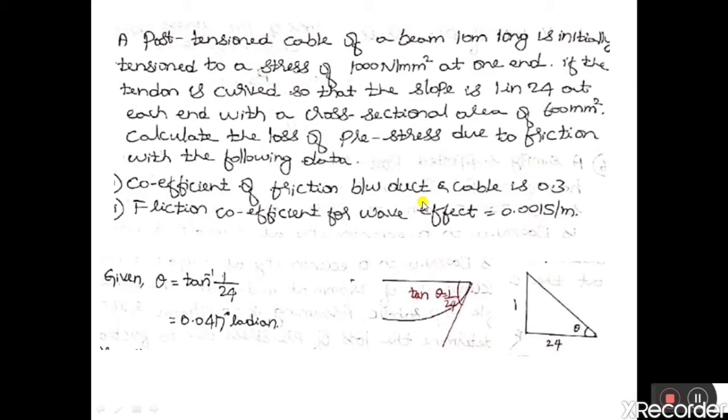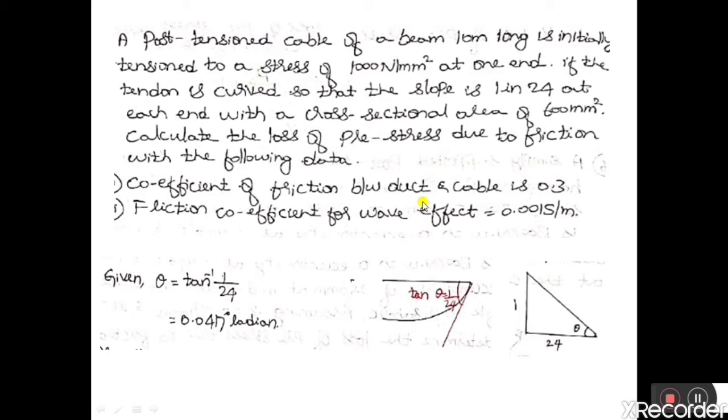In this problem they have asked us to calculate the loss of pre-stress due to frictional effect. A stress of 1000 Newton per mm square is applied only from one end of the cable, and the tendon or cable has a curved profile.